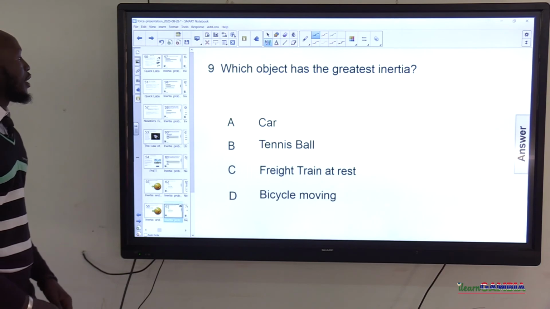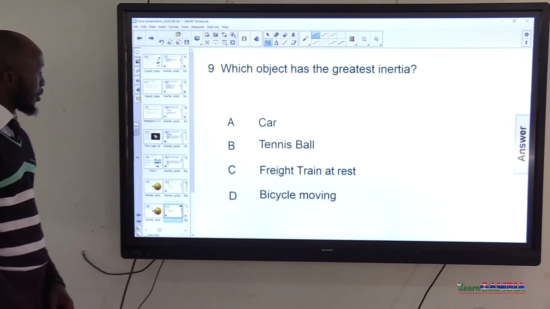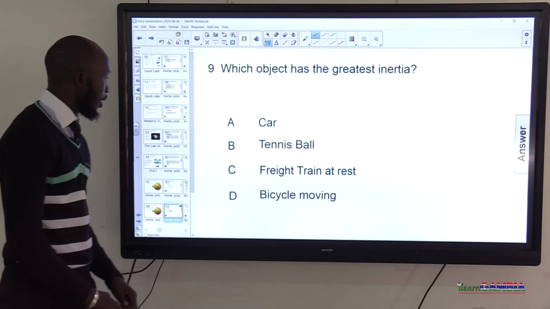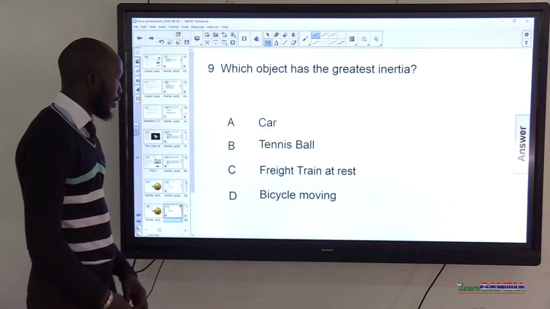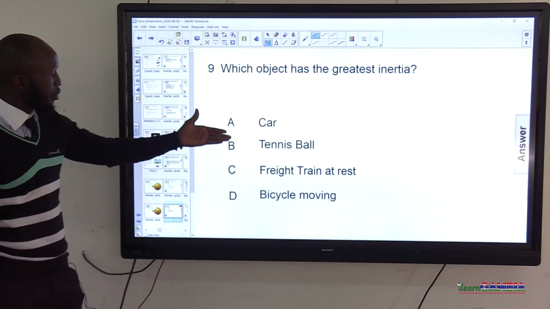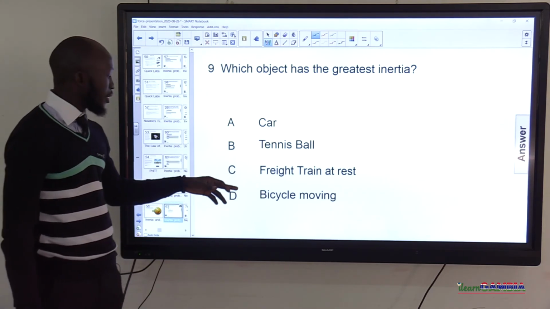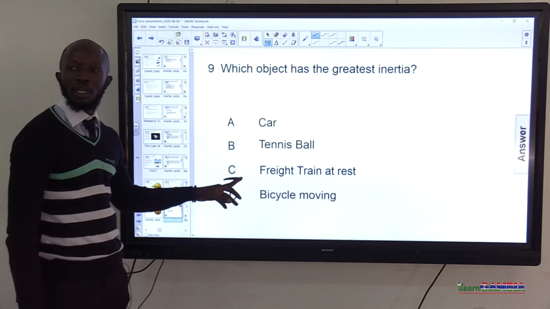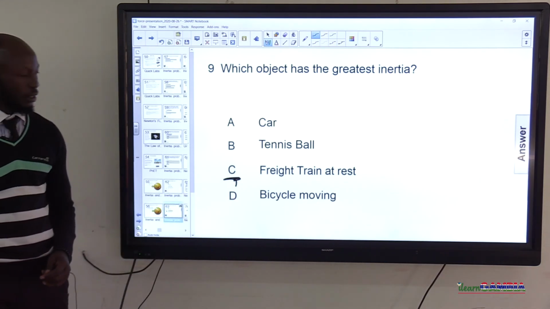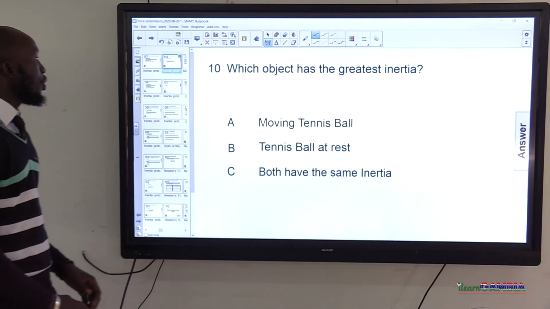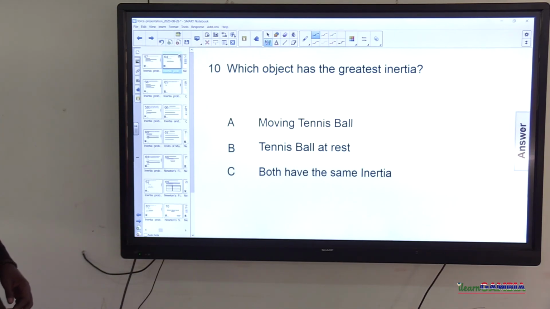Again, a similar question: a car, a tennis ball, a freight train at rest, and a bicycle moving. Even if the freight train is at rest, it still has more inertia than the rest of the objects, right?